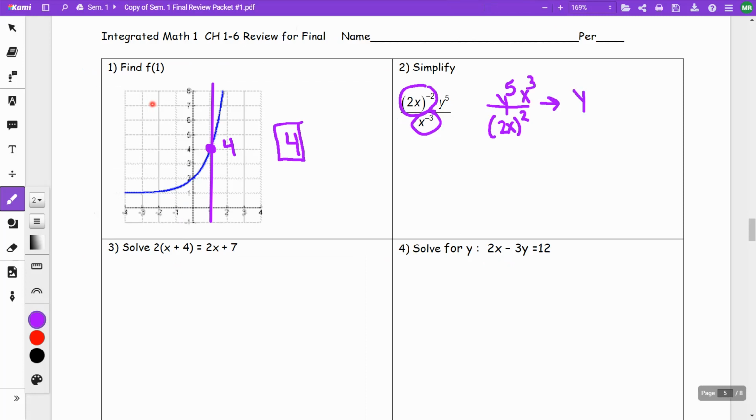Now on bottom, my 2x to the 2nd power is going to be a 4x squared. And then if I look at this x to the 3rd over x to the 2nd, I'm going to end up getting y to the 5th over 4, and x to the 3rd over x to the 2nd is going to have an x on top. And that's my answer.